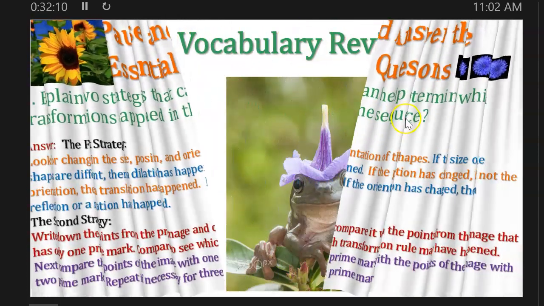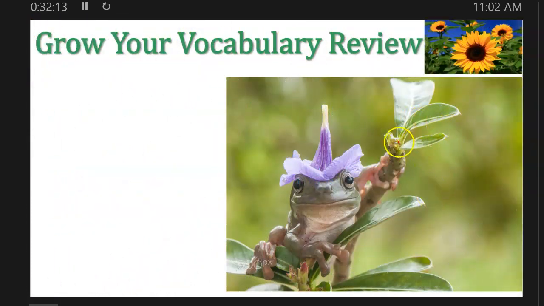All right, so we're here to review our vocabulary one more time with this adorable little frog wearing a little blossom on his head. Our first word is coordinate plane, which is the grid pattern or graph divided into four sections by two axis lines with a center point.